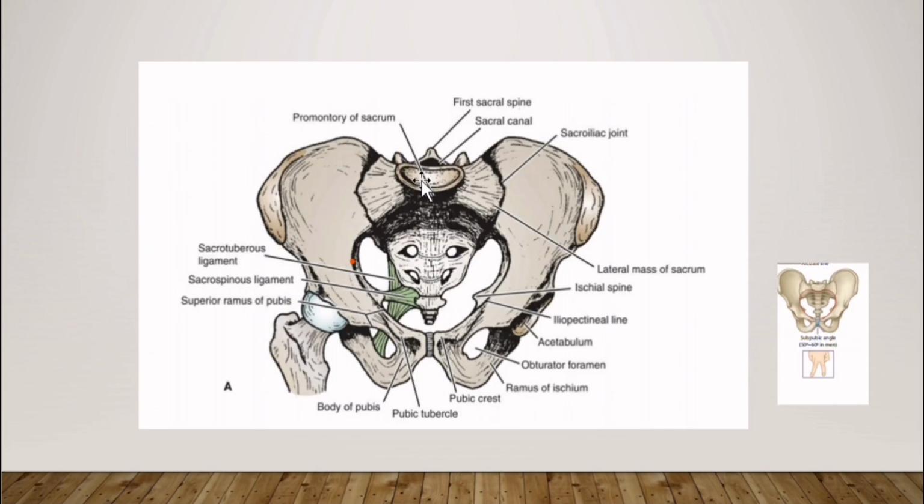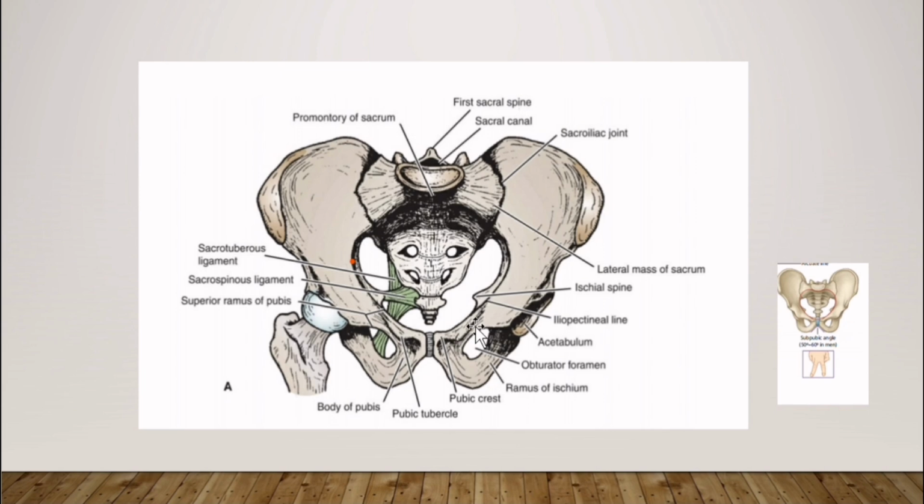So let's talk a little bit more about the pelvis. The pelvis is divided into 2 by this imaginary line which you call the pelvic brim.